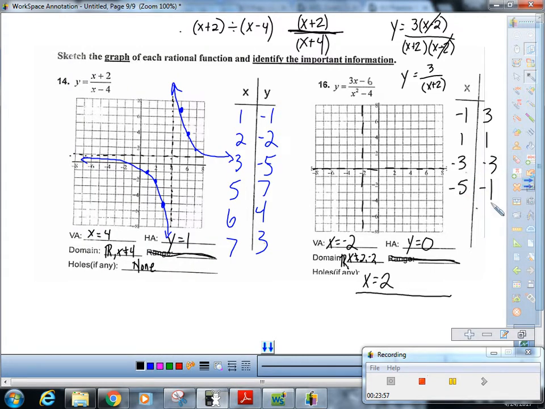So Alex, notice in this one, there were only 4 nice points, so I'm only doing 4. Okay? Whoops, let me change this back to blue.